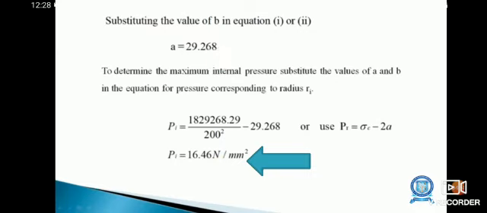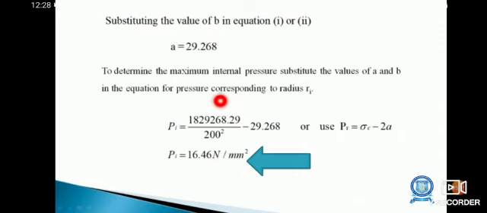That is the value of A. Next, determine the maximum internal pressure. Substitute the values of A and B in the equation for pressure corresponding to radius Ri, that is the inner radius.